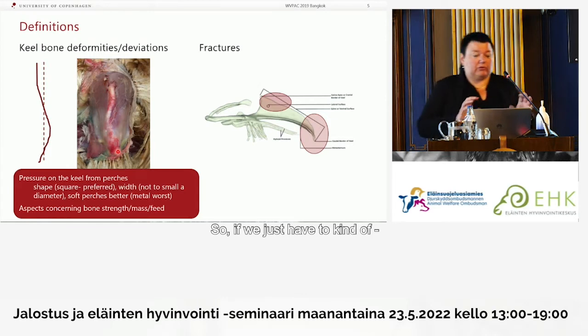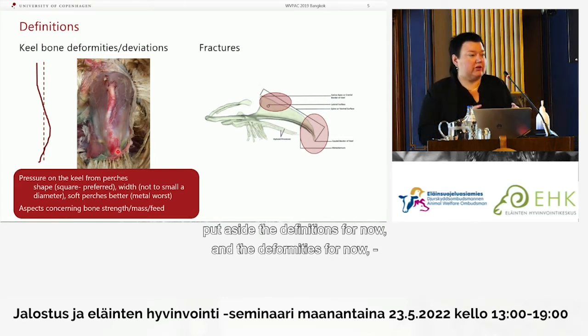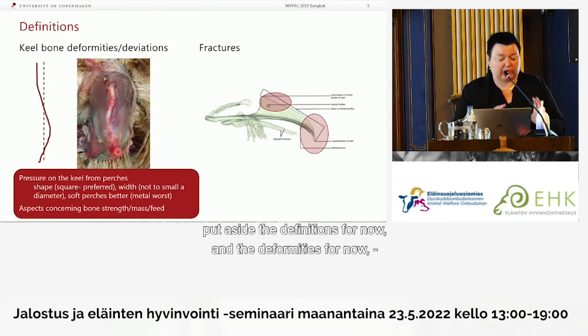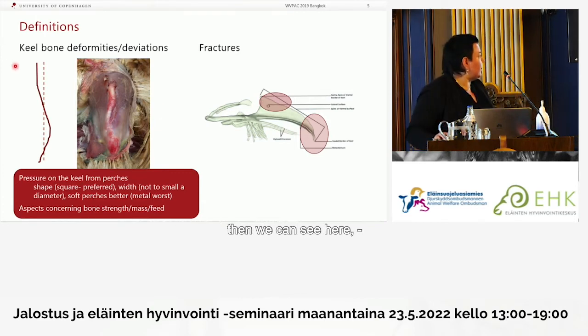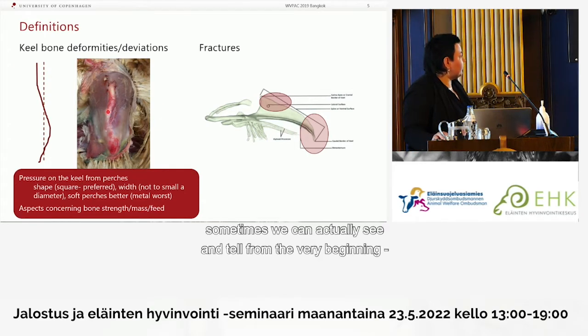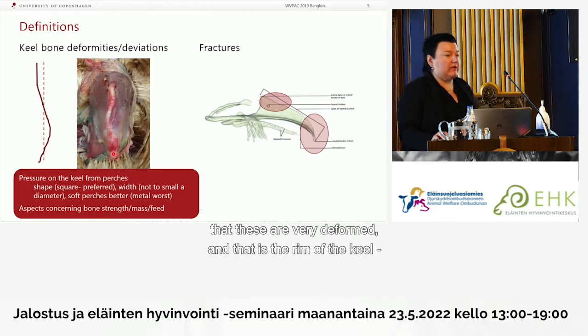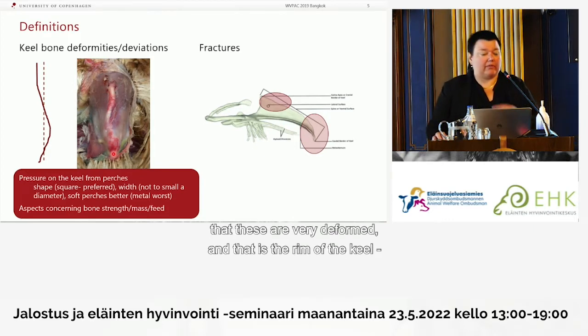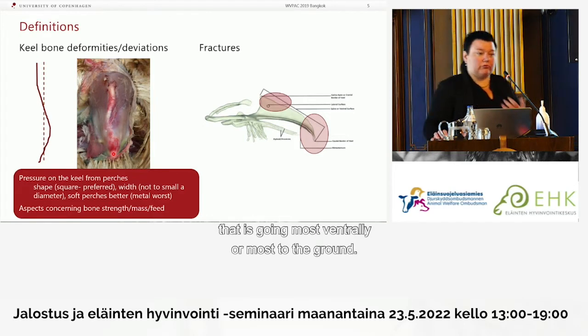So, if we just put aside the definitions for now, the deformities for now, then we can see here, sometimes we can actually see and palpate them from the very beginning, that these are very deformed. And that is the rim of the keel that is going most ventrally or most to the ground.